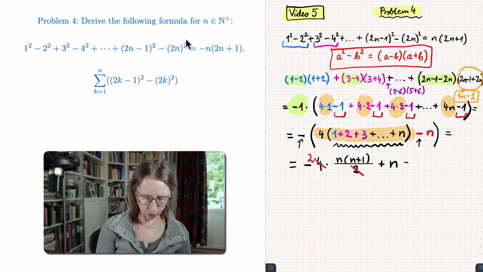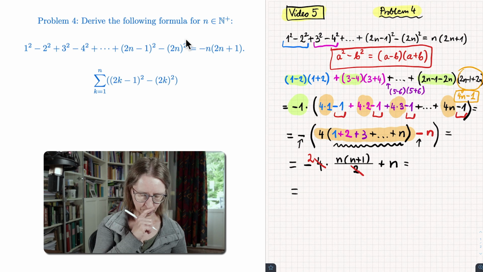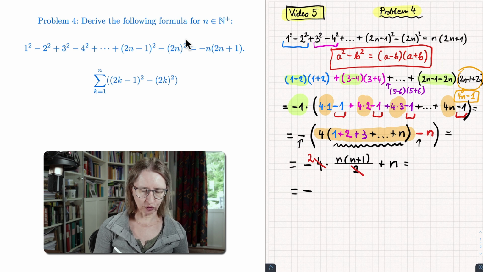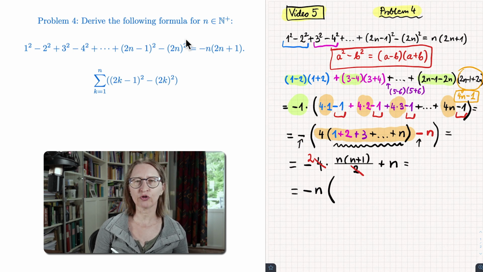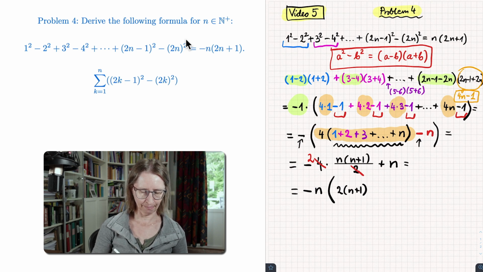And now I have to put together my result here. So I see that I can factor out minus n, right? And then from the first term, which is 2 times n plus 1, I will get just 2 times n plus 1, right? And from the second one, I will get minus 1, because plus n is minus n times minus 1.